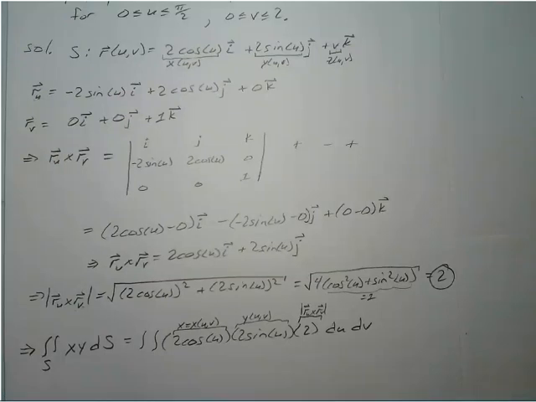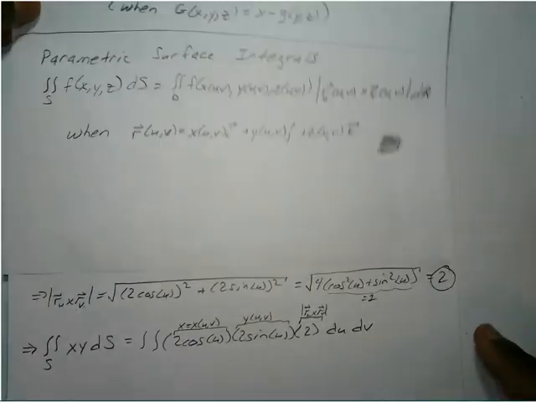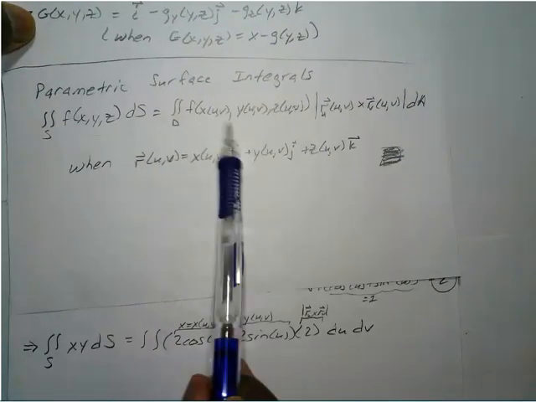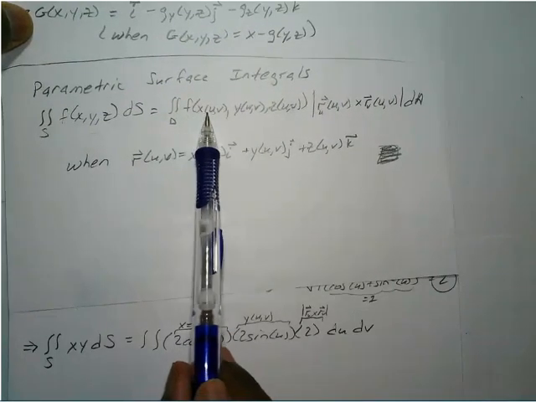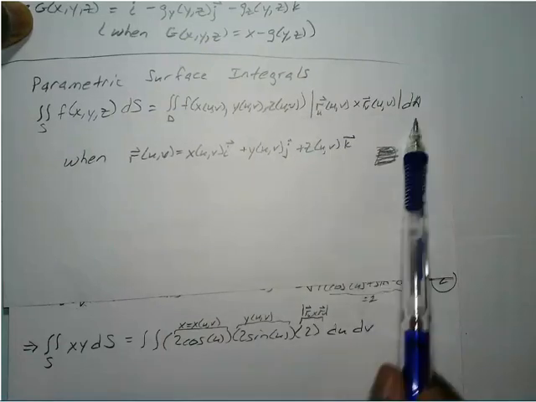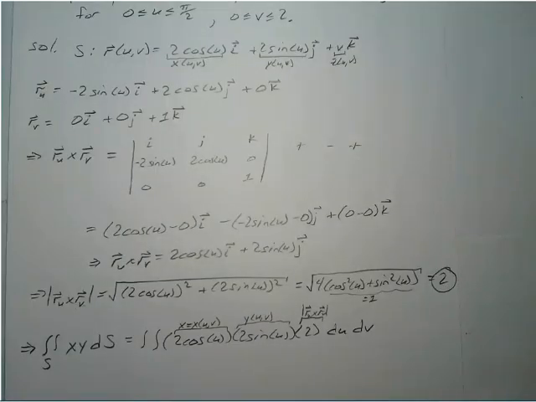Okay, so if we go back to the previous page just for a second, you'll see we covered everything that we need. All right, so this is the formula here. Function x of uv, y of uv, z of uv, and our magnitude.